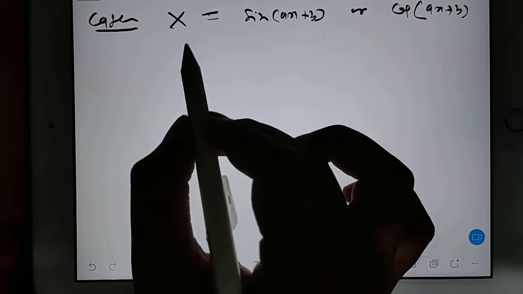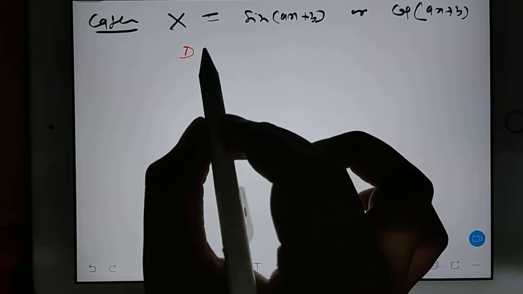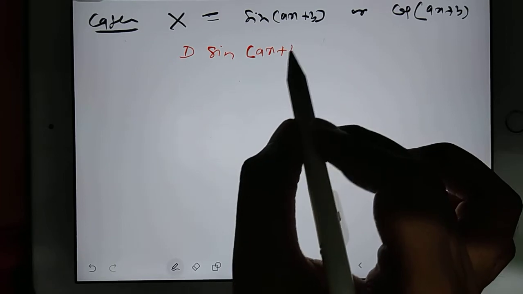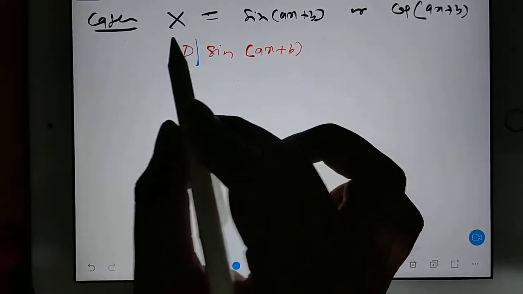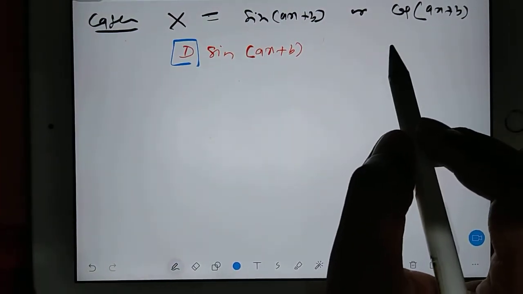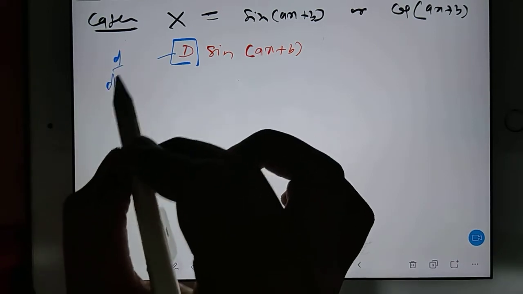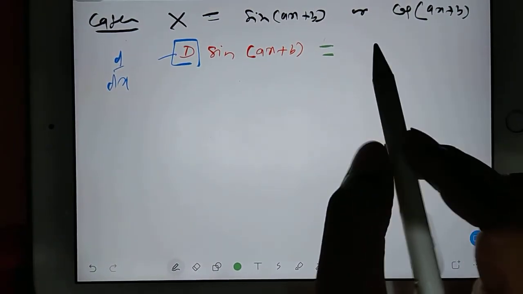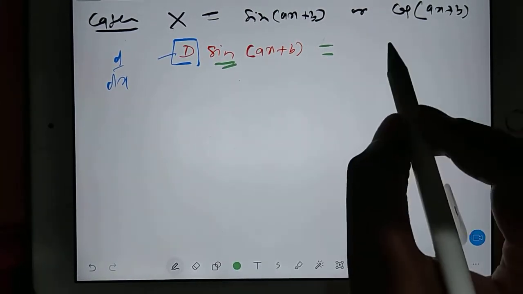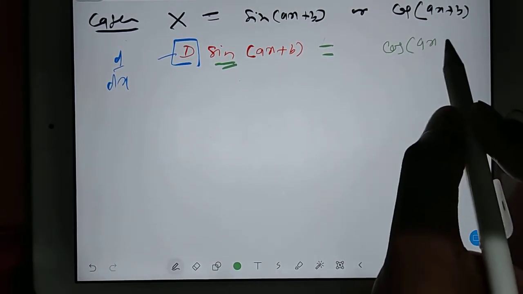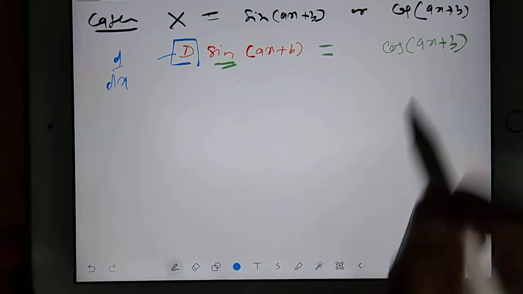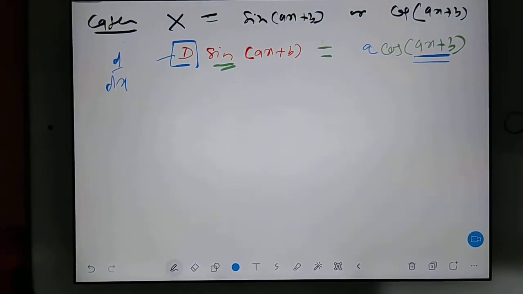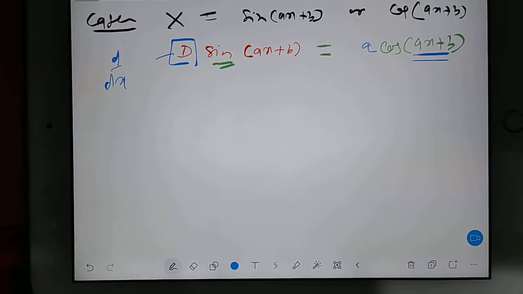Remember, whenever we have d, if it will come as sine ax plus b, always keep in mind what is the meaning of this d. This d is nothing but d by dx. It means we have to differentiate this. So sine, when you differentiate, will be cos ax plus b, and then ax plus b, when you differentiate, will be a. This part is clear.